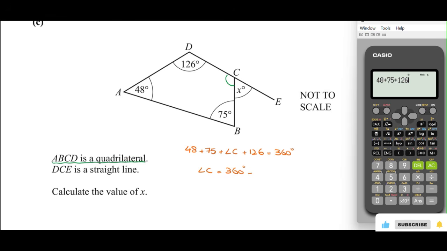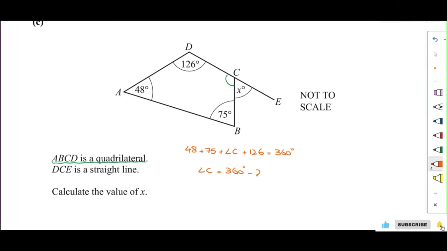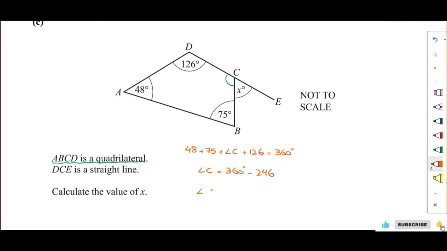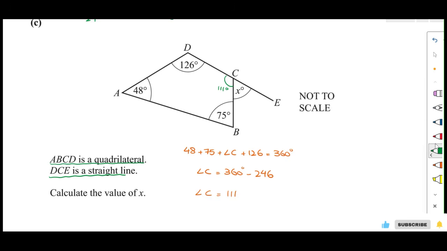What is the sum of 48, 75, and 126? Which is 249. From 360 we subtract the answer, which gives 111. So angle C is equal to 111.